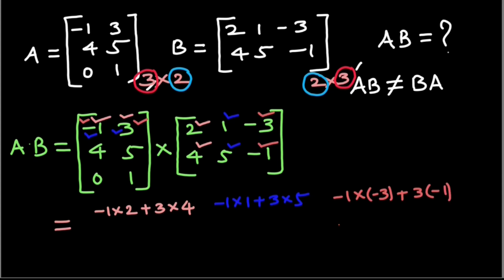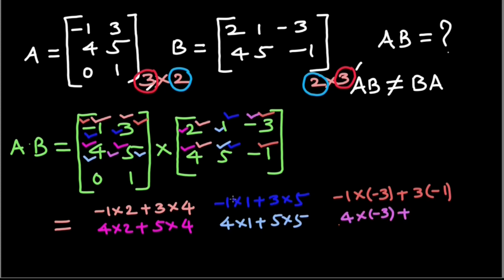That forms the third element. 4 multiplied by 2 plus 5 multiplied by 4. That forms the fourth element. 4 multiplied by 1 plus 5 multiplied by 5. That forms the fifth element. 4 multiplied by -3 plus 5 multiplied by -1. That forms the sixth element of the resulting matrix.